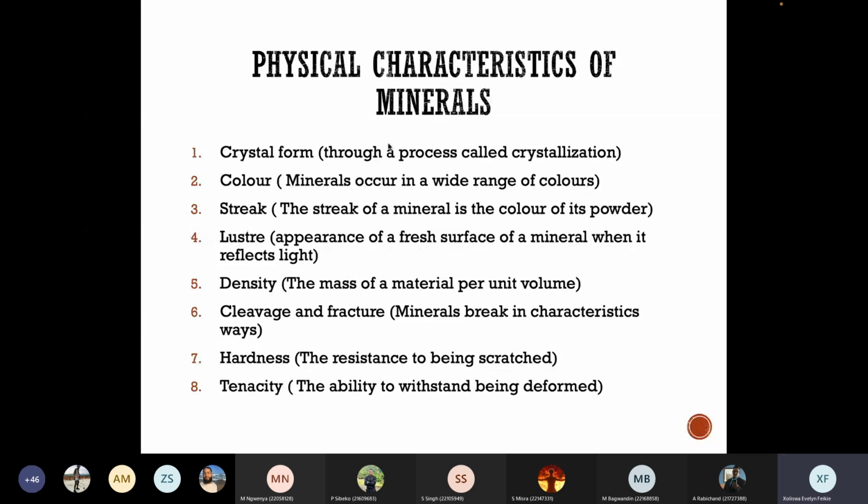Some of them, when they come into contact with water, will melt. An example of that is salt. Salt forms naturally, but when in contact with water, what does it do? It melts, right?